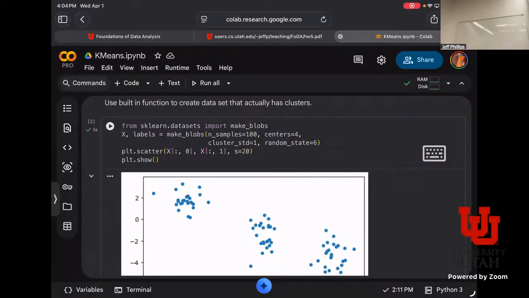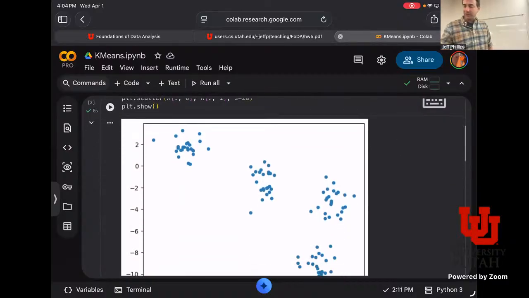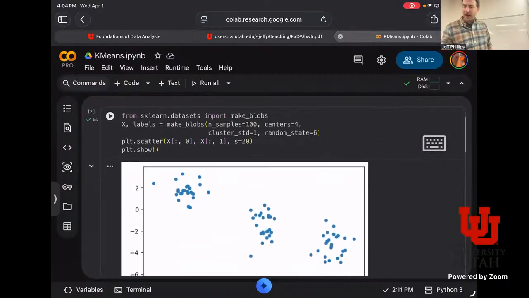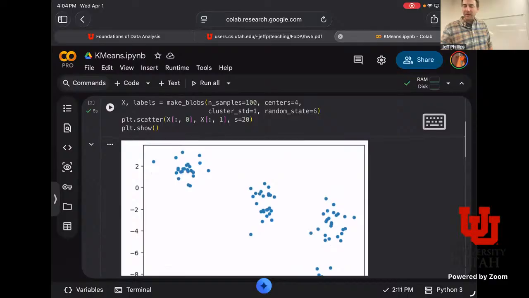We're going to use it for two things. First, a function called make_blobs, which people use to demonstrate how k-means clustering works. In this case I made 4 blobs, 4 centers, and 100 total points.